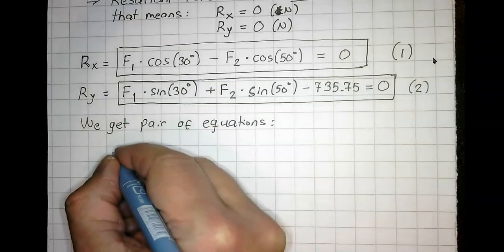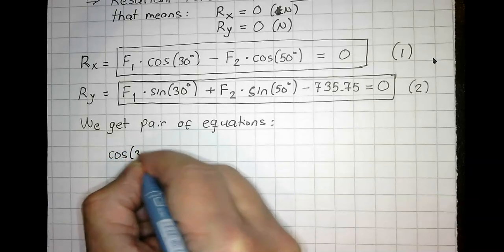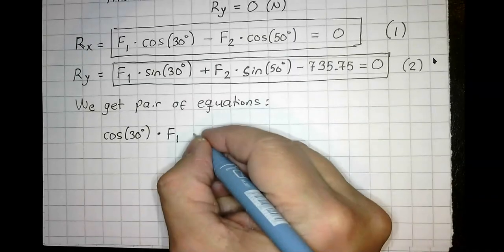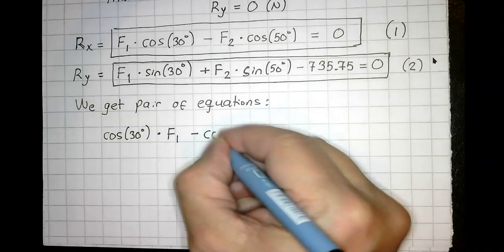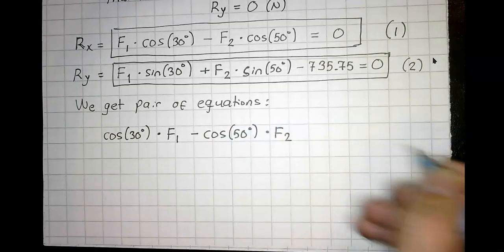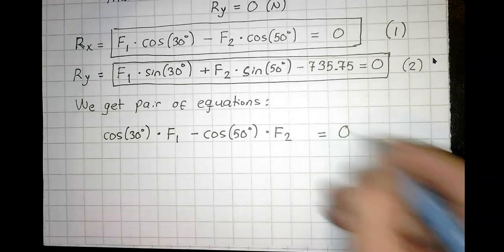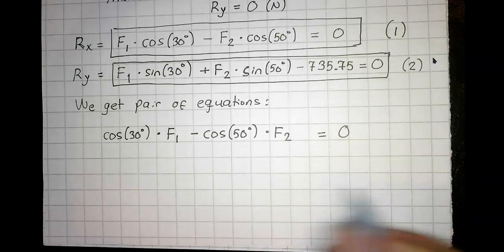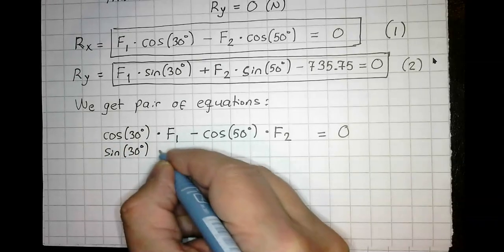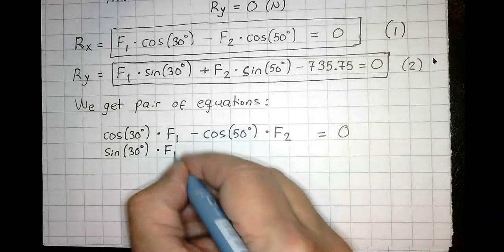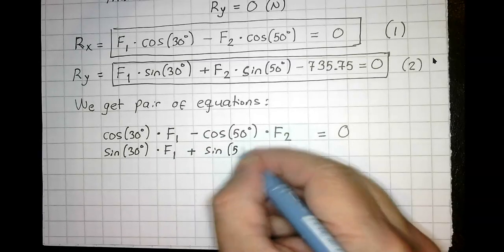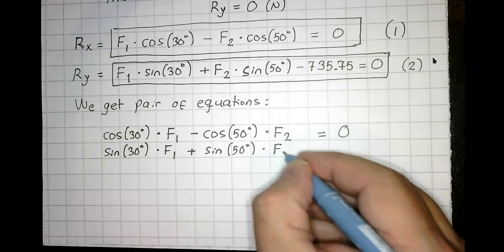So I get cosine 30 times F1 minus cosine 50 times F2 equals 0. And the same with this other equation, sine 30 times F1 plus sine 50 times F2.